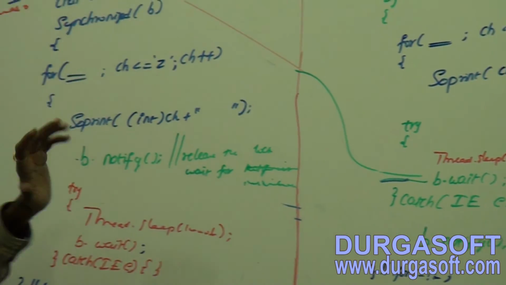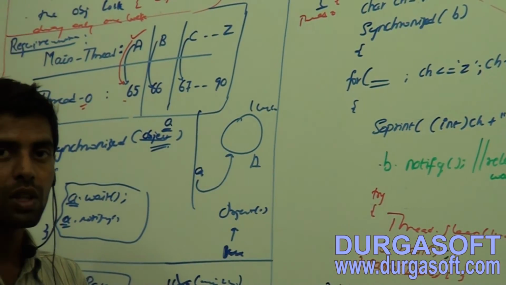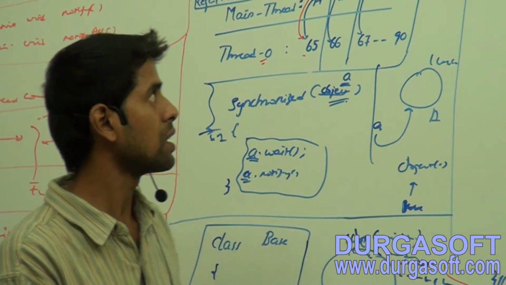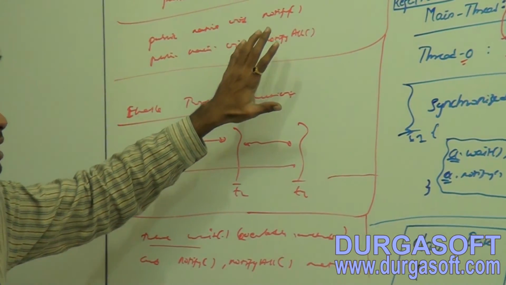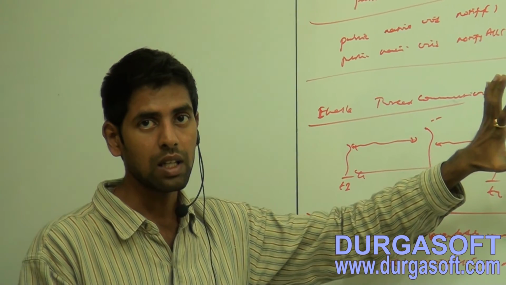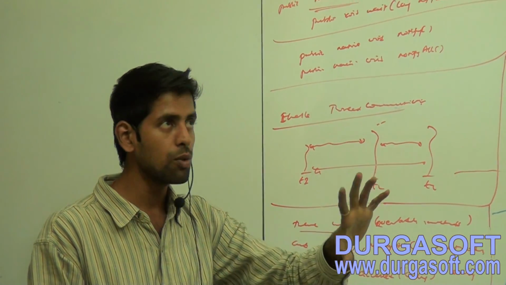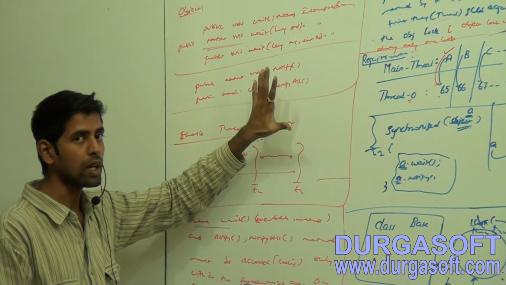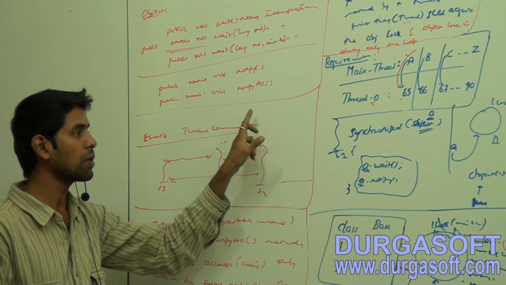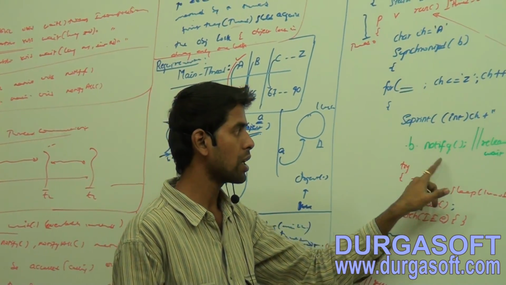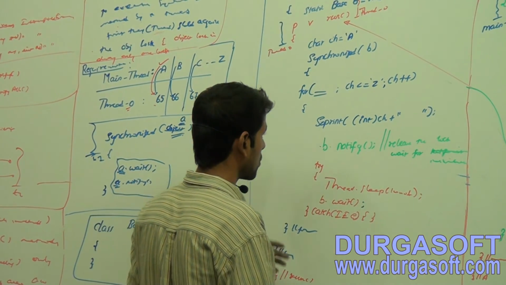We have used the exact code. This is our inter-thread communication, which we achieve by using wait and notifyAll methods. Instead of the notify method, you can use notifyAll also, no issues.